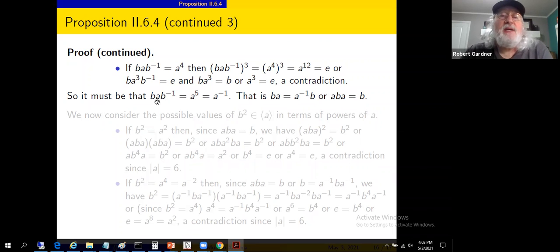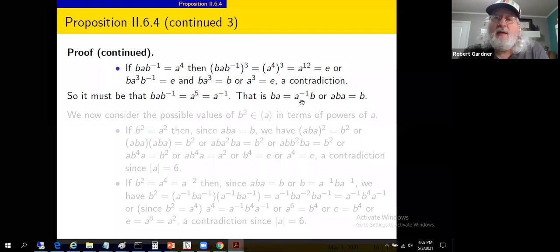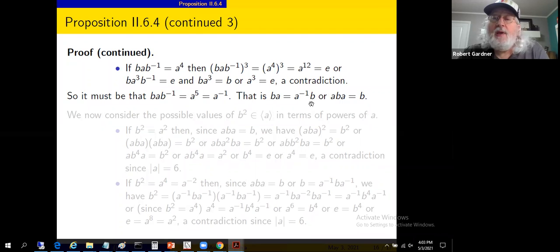It must be that b a b inverse equals a inverse. I can take that and multiply both sides on the right by b to get b a equals a inverse b. We can take the a to the other side on the right to get a b a equals b. And we're going to play with a b a equals b.